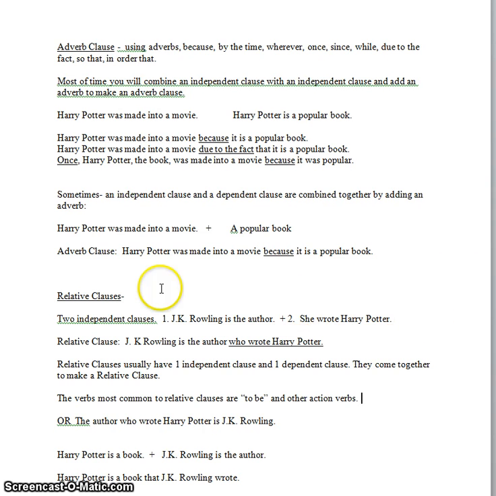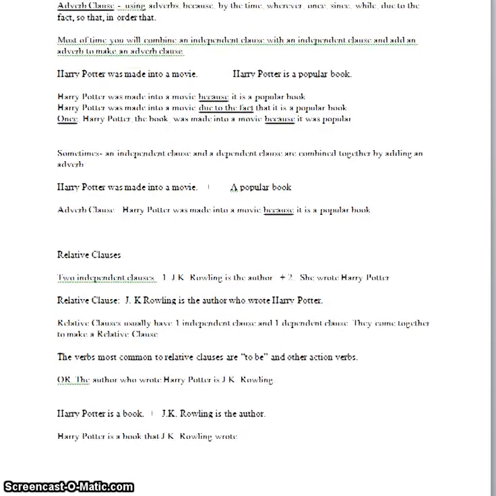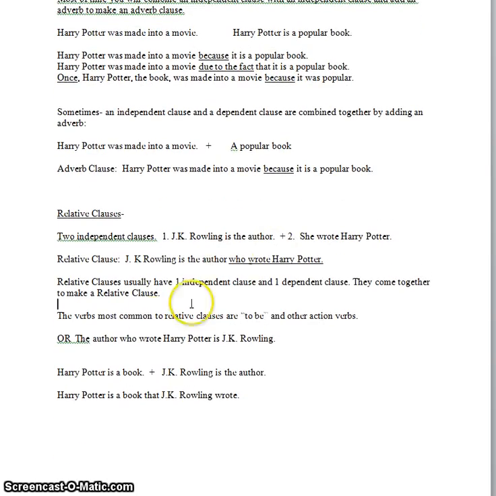What's the difference between a relative clause and an adverb clause? An adverb clause has adverbs like these. A relative clause usually will not have an adverb. The verbs most common to relative clauses are going to be the to be verb and other action verbs.